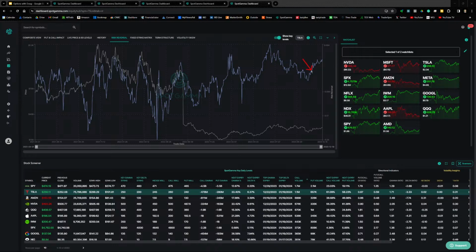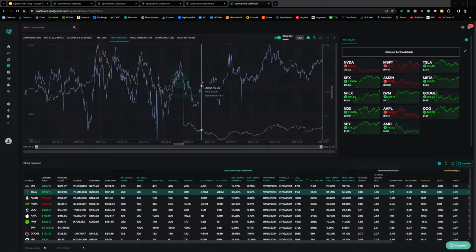This is the risk reversal, showing the price of a 25 delta call minus the price of a 25 delta put. A rising line indicates more demand for calls than puts. So the risk reversal line is rising, indicating there is bullish demand for calls for Tesla.